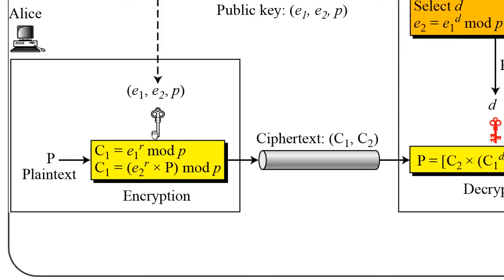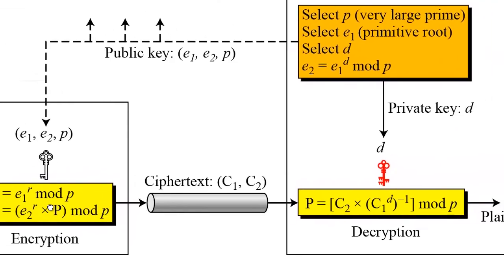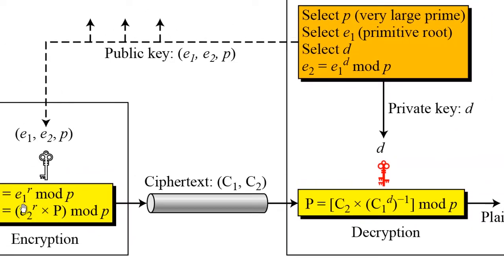So the key is taken from Bob and they generate C1 and C2. E1 power R mod P is equal to C1, and E2 power R into the plain text, mod P, gives C2.